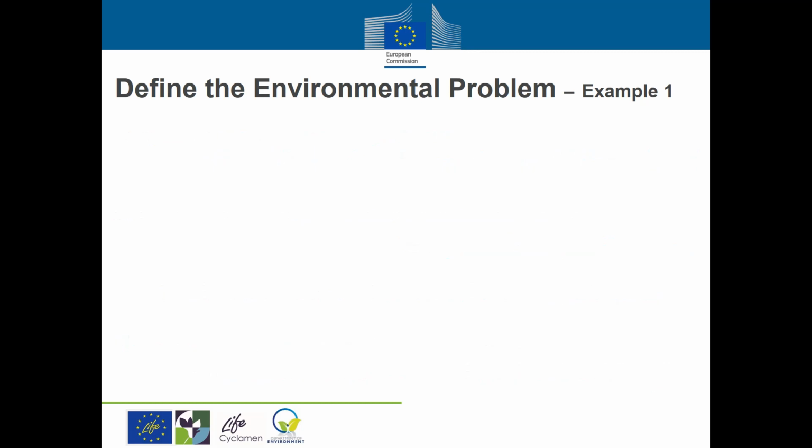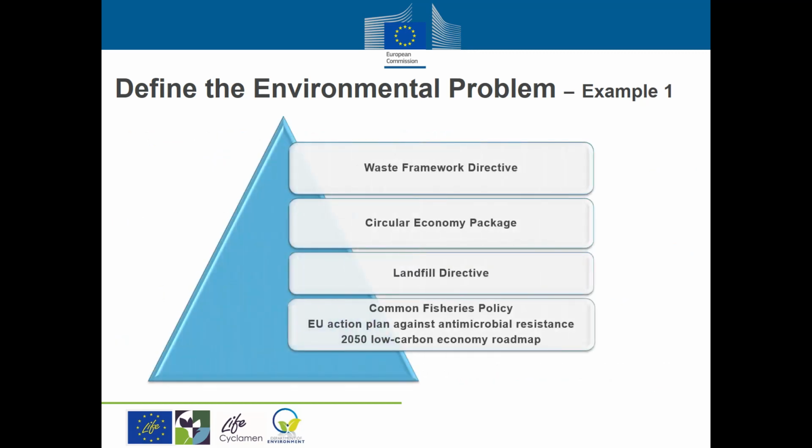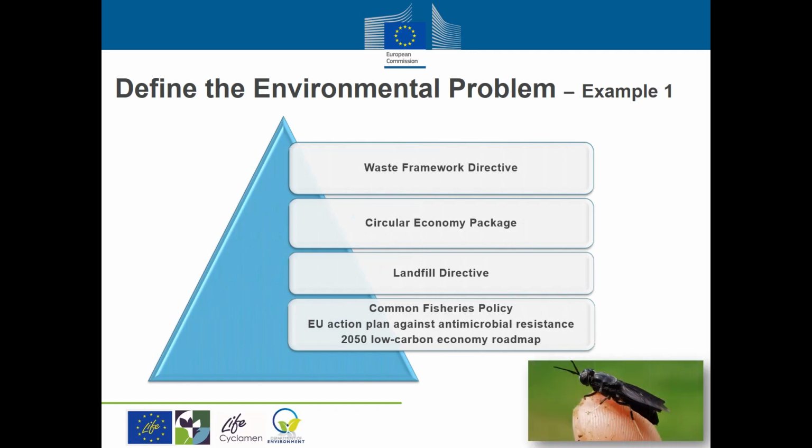The project contributes to the implementation of waste legislation, including the Waste Framework Directive, the Circular Economy Package, and the Landfill Directive. Furthermore, it contributes to the Common Fisheries Policy, the EU Action Plan Against Antimicrobial Resistance, and the 2050 Low Carbon Economy Roadmap.